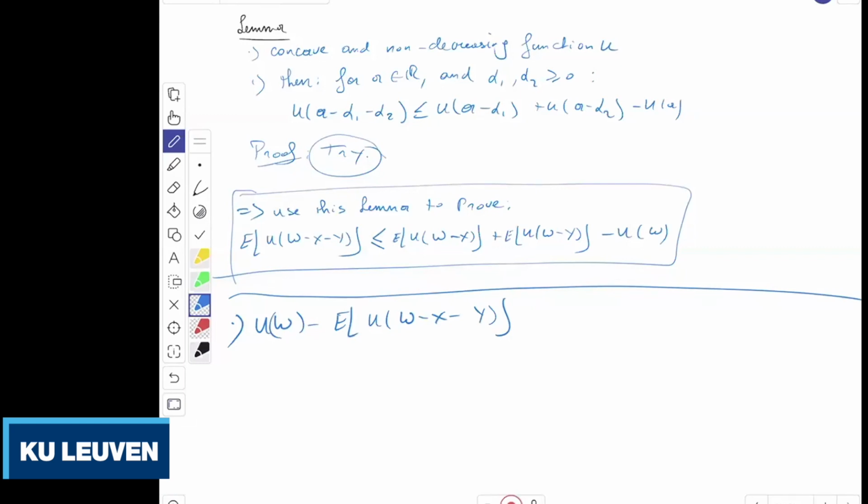Then you're adding X and Y to your portfolio, then your utility drops to that expected utility. So the difference is your decrease in utility when adding X, Y jointly or simultaneously, right?